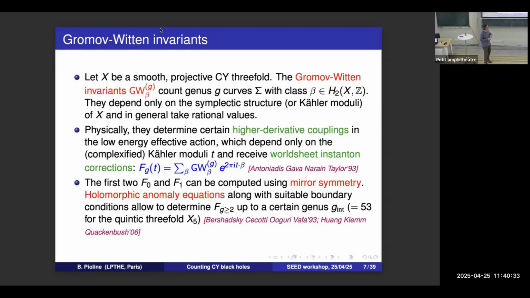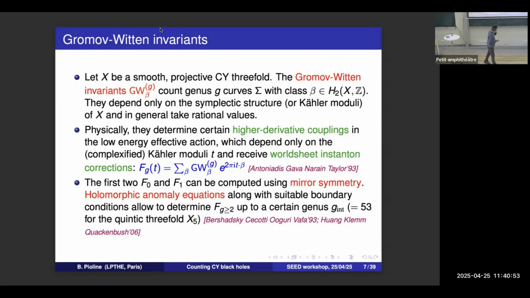And in principle, it determines the whole set, but any time you integrate this holomorphic anomaly equation, you have to supply some kind of constraints, some boundary data, which fixes the holomorphic ambiguity. And it turns out that there is only a finite number of such constraints that you know.